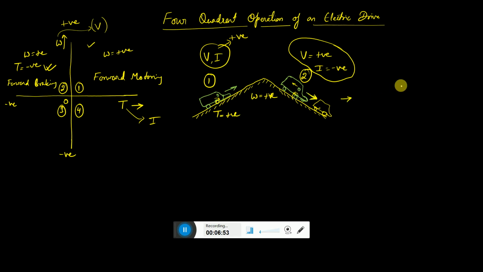Another case is that you also have the hill, uphill and downhill. Here also you will have the same car, and the direction of the car is in the same direction.